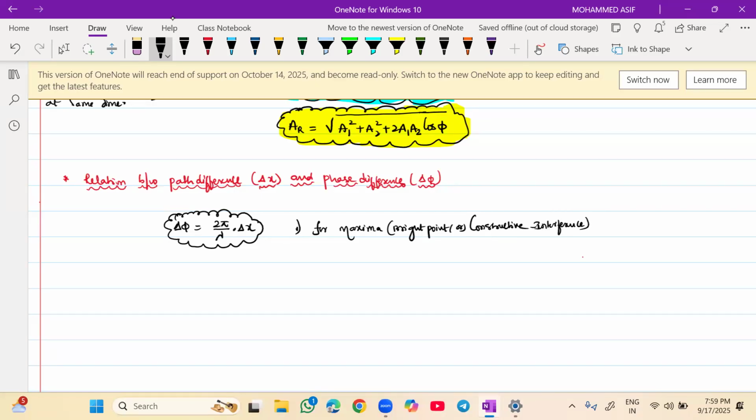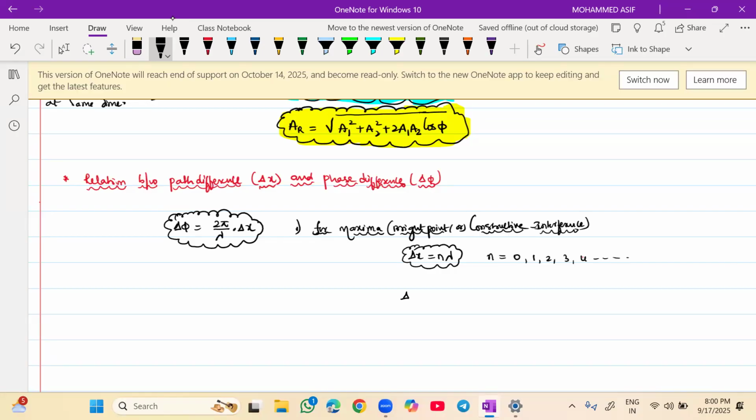For maximum point or bright point, or for constructive interference, path difference delta x will be equal to n into lambda. Delta x is equal to n into lambda, when n value will be equal to 0, 1, 2, 3, 4, it may be anything.